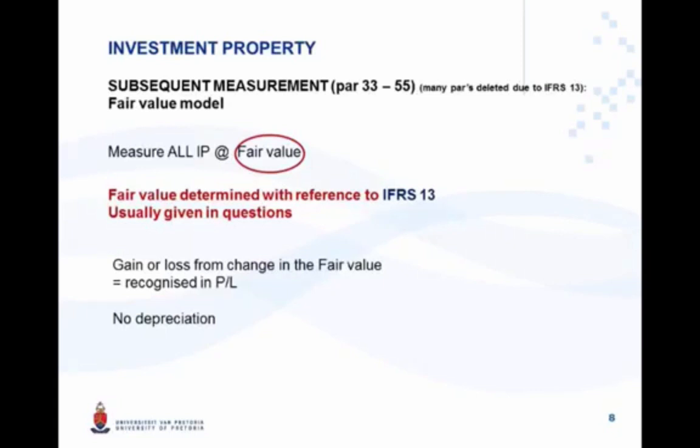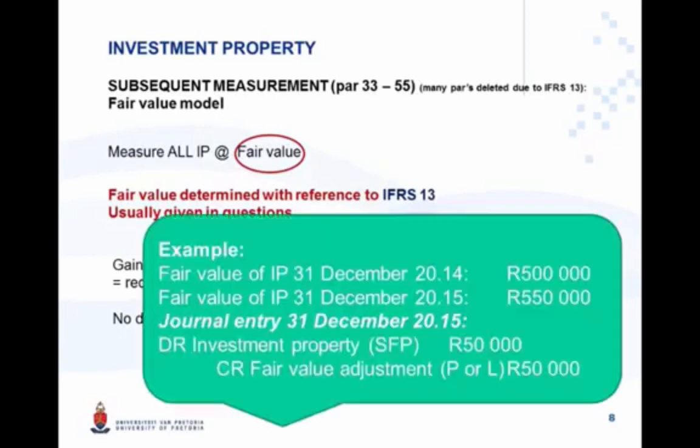When you apply the fair value model to investment property, that investment property will not be depreciated. For example, the fair value of investment property on 31 December 2014 is 500,000 Rand. The fair value of this investment property on 31 December 2015 is 550,000 Rand.